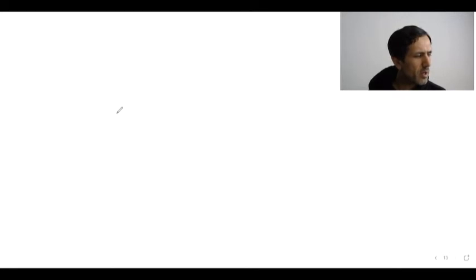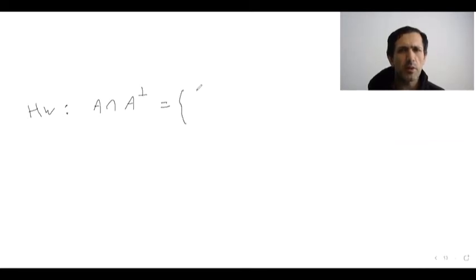Okay, so I want to mention something that's quite useful, and I'll leave this for homework, is that the only thing that's possibly in a subset of an inner product space and its orthogonal complement is 0.